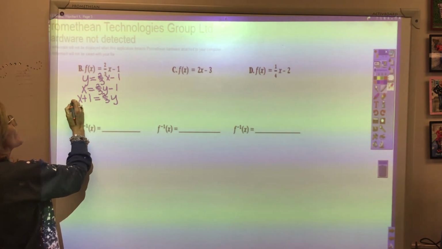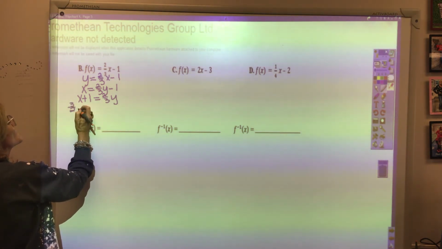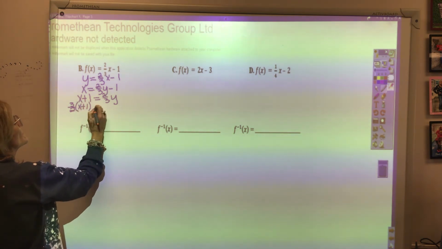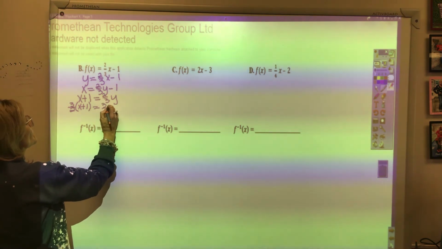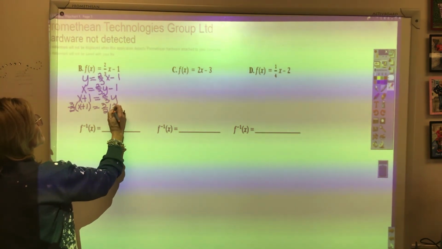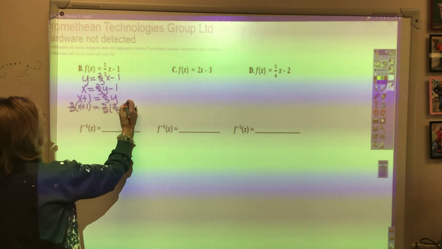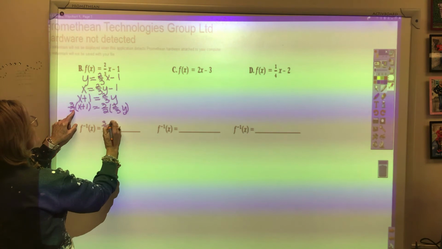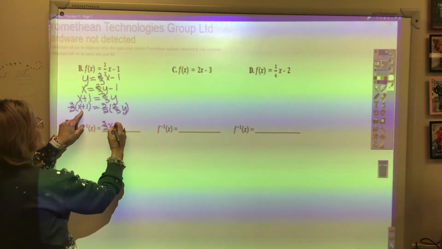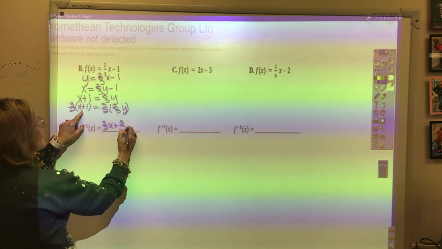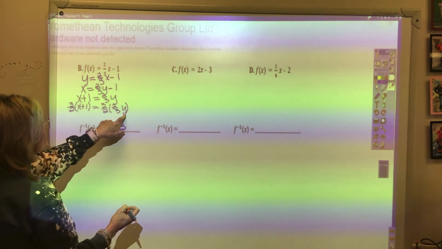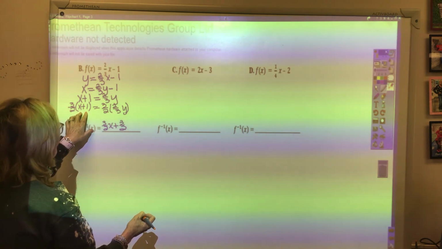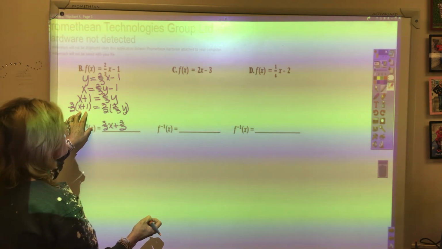Multiply both sides by 3/2, and I'm going to just distribute it through. So this would leave us with 3/2 x plus 3/2, which gives you y. So the inverse is the left side, the 3/2 x plus 3/2.